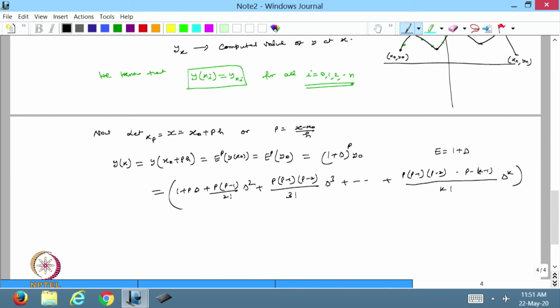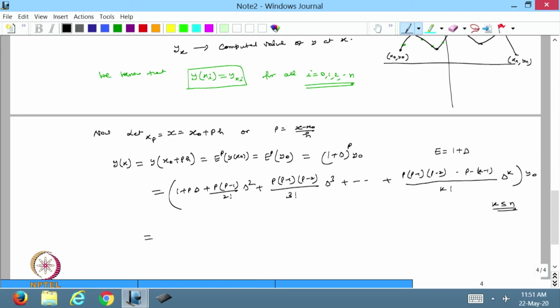So, this, my polynomial, is going up to the kth finite difference, and this is equal to y naught. So, this k is always less than or equal to n. So, definitely this polynomial will be a terminating polynomial, and it will terminate after the kth finite difference, and that k, I know, will always be less than or equal to n.